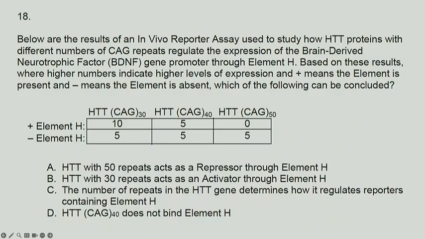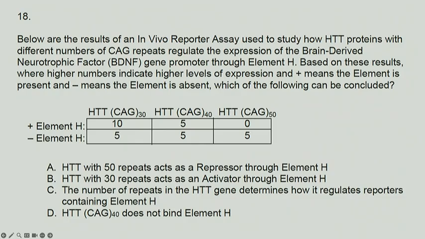Okay. Below are the results of an in vivo reporter assay. So this is where you put plasmids in the cell that express these proteins, as well as a reporter that contains the BDNF gene promoter.